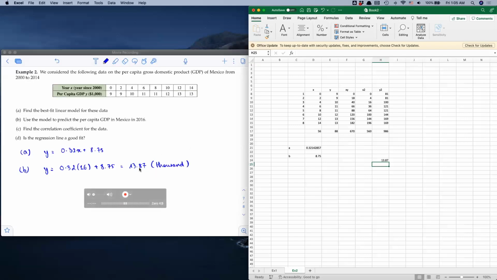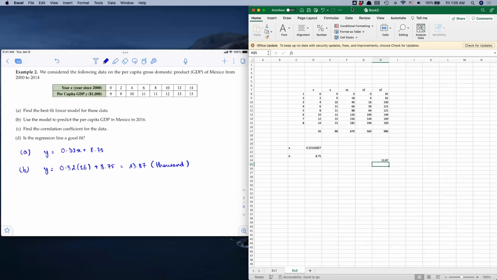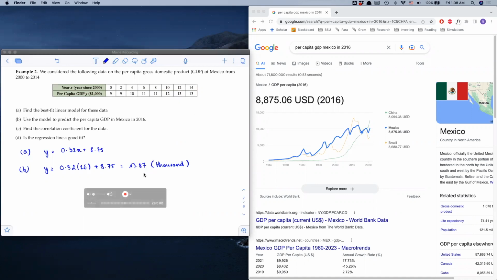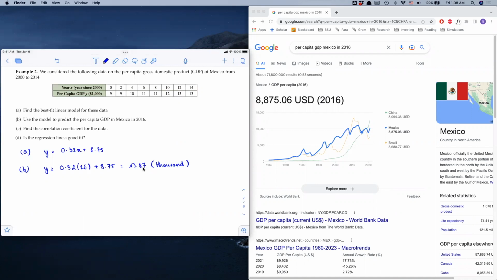Let's actually double check this information against the real data. With a quick Google search, we find out that the per capita GDP of Mexico in 2016 is actually 8,875 US dollars. From the model that we came up with, we estimate that the per capita GDP of Mexico in 2016 is $13,870.